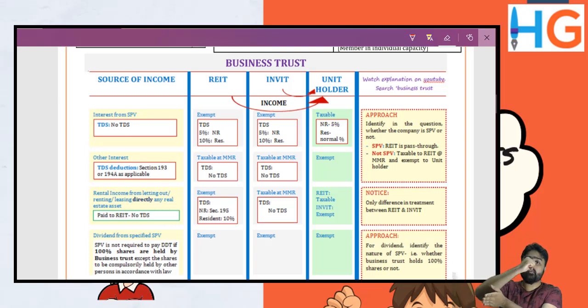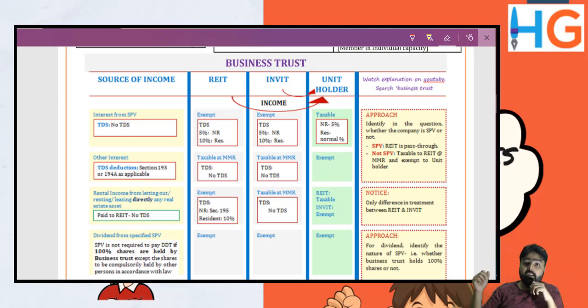The income will pass through and reach the member or the unit holder. What happens in a business trust is that it invests in certain shares, securities, and other infrastructural or income generating assets, and then it receives the amount which it distributes to the unit holder.